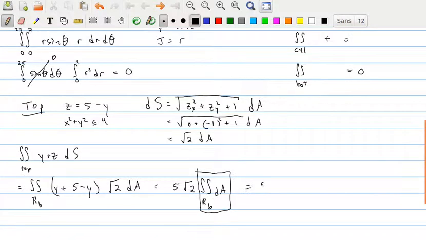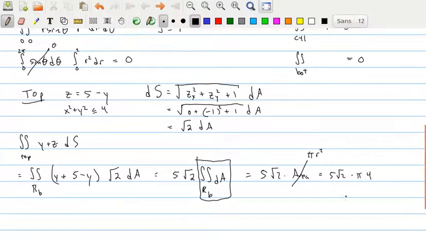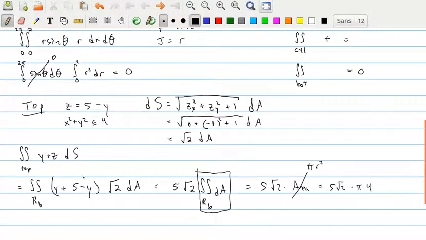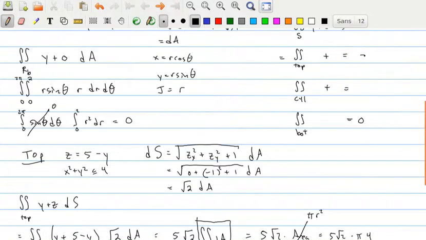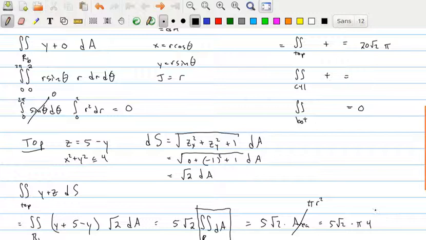So this gives us 5 radical 2 times the area, and the area is pi r squared, where the radius of that disk is 2. So this gives us pi times 4. So the surface integral along the top is 20 radical 2 pi.